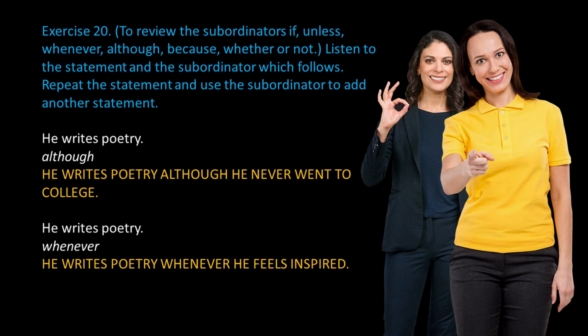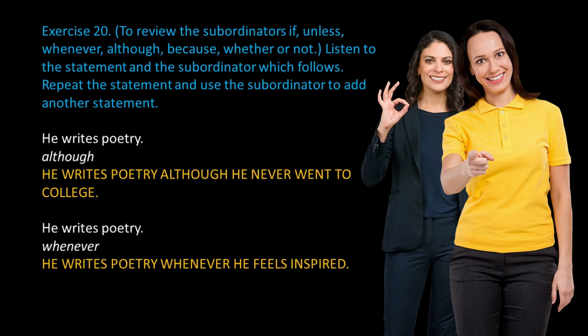Exercise 20. To review the subordinators if, unless, whenever, although, because, whether or not. You should listen to the statement and the subordinator which follows. Repeat the statement, and use the subordinator to add another statement. Examples. He writes poetry, although. He writes poetry, although he never went to college. He writes poetry, whenever.